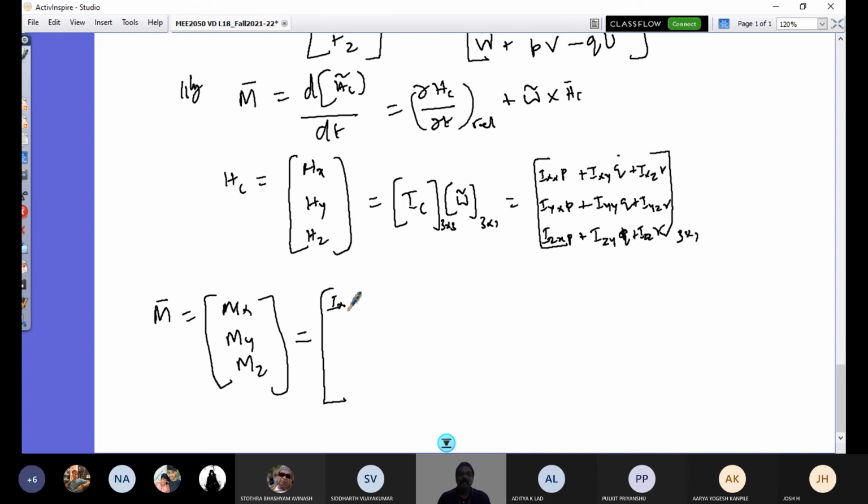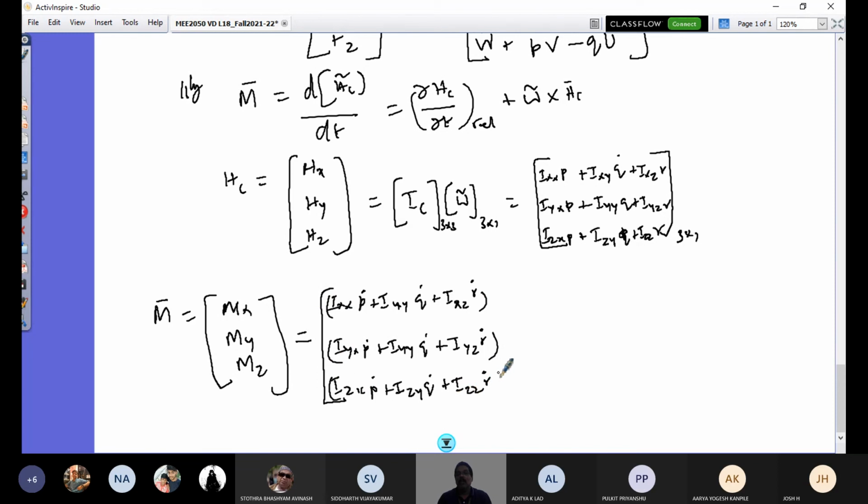Here I'll have Ixx p dot plus Ixy q dot plus Ixz r dot. And similarly, I can write Iyx p dot plus Iyy q dot plus Iyz r dot, Izx p dot plus Izy q dot plus Izz r dot. So this is the first term.